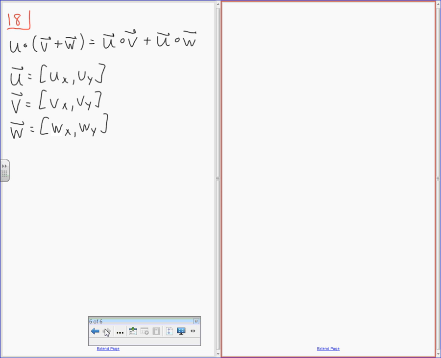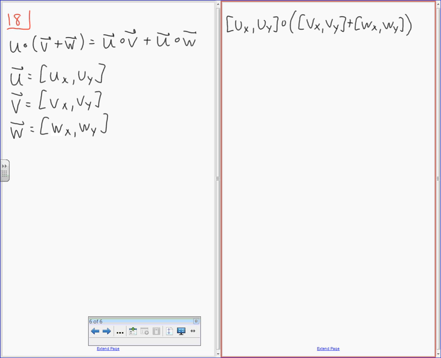Okay, so if I want to do U dot (V plus W), how am I going to start that on the left? Amy, go ahead. Yeah, good. Very good. So I'm going to write it in here first: (Ux, Uy) dot ((Vx, Vy) plus (Wx, Wy)).